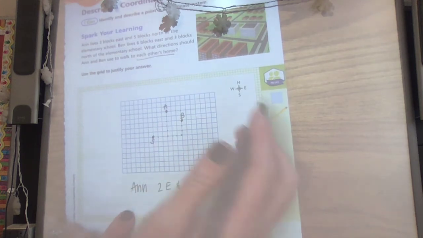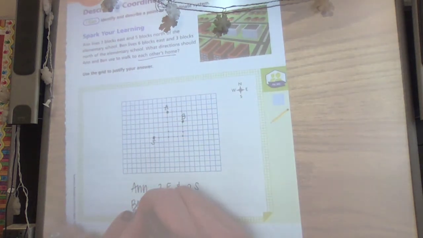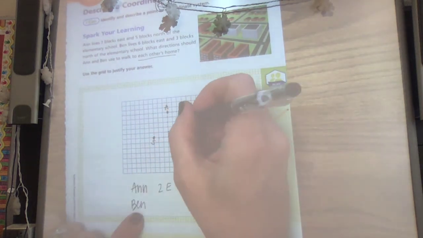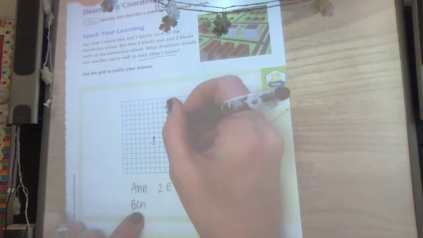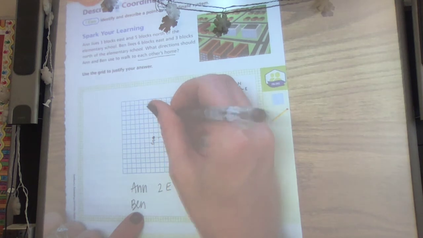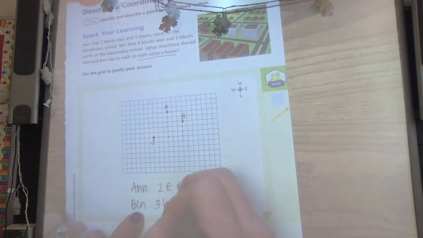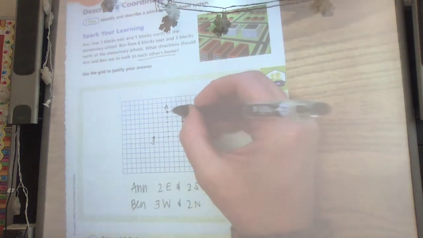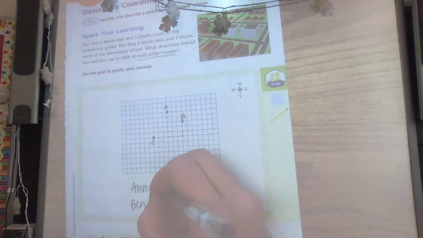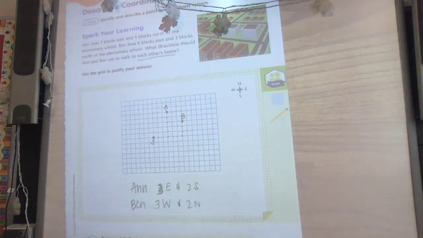And Ben, if he wanted to go to Anne's house, and you can do it either way, let's say he goes 1, 2, 3 west, and then 1, 2 north. 3 west and 2 north. Oh wait, that should be 3 west, shouldn't it?